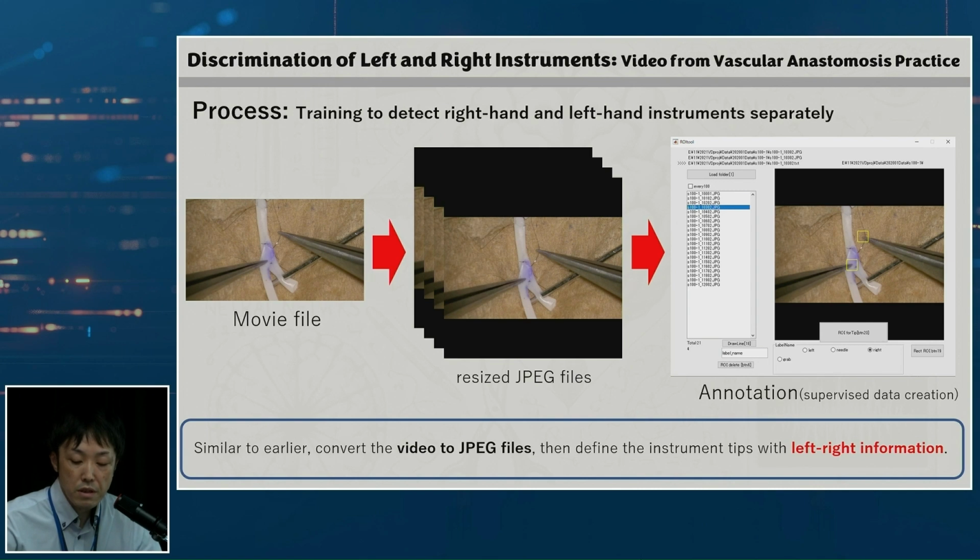Here, we clearly define the bounding box setting the center of the instrument tip in each image and whether it is a left-hand or right-hand instrument. The major advantage of this training data creation method is that it allows detection of left and right instruments separately. This makes it possible to extract the movements of the surgeon's left and right hand individually with a single object detector.